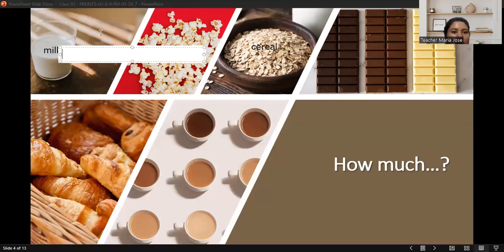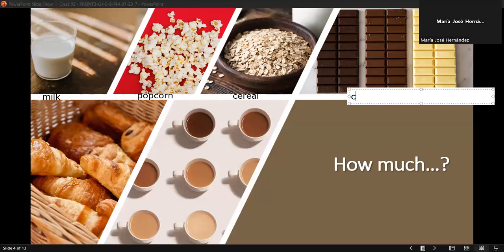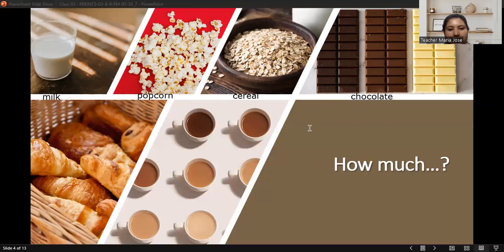That's chocolate, very good. I'm sorry, I'm going to put it over here. This is very hard to see on the picture. Okay, cereal and chocolate. What about the one below? Bread. And the other one? Coffee. Coffee, very good.